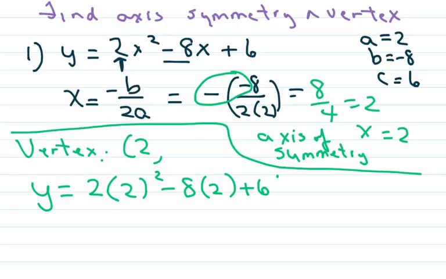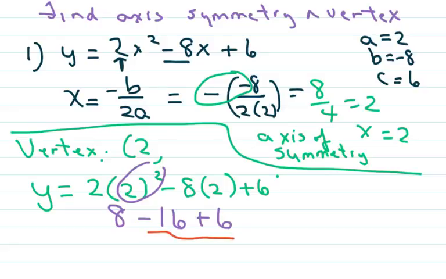Always do the square part first. So 4 times 2 is 8, minus 16 plus 6. I try to do what's easiest, so to me this looks easy. That's negative 10. So 8 minus 10 is negative 2. So y equals negative 2. That's your vertex.